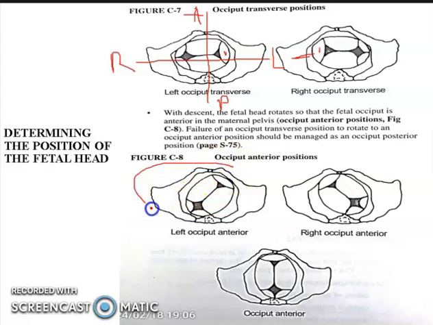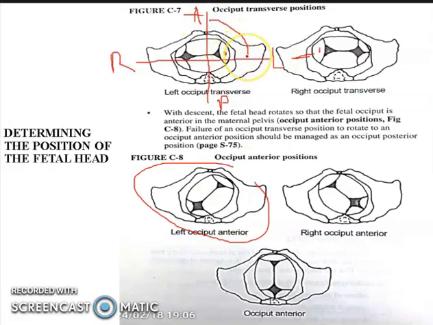The other one that we have is here, where the fetal position is left occiput anterior. Left occiput anterior, as you see in my first image, we have this part here.